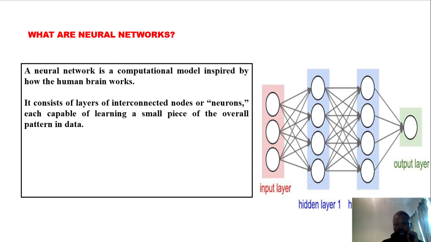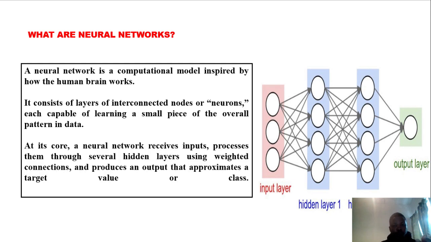At its core, a neural network receives inputs, processes them through several hidden layers using weighted connections, and then produces an output that should approximate a target value or a target class. Neural networks are powerful because they learn patterns automatically from data without needing explicit feature engineering.